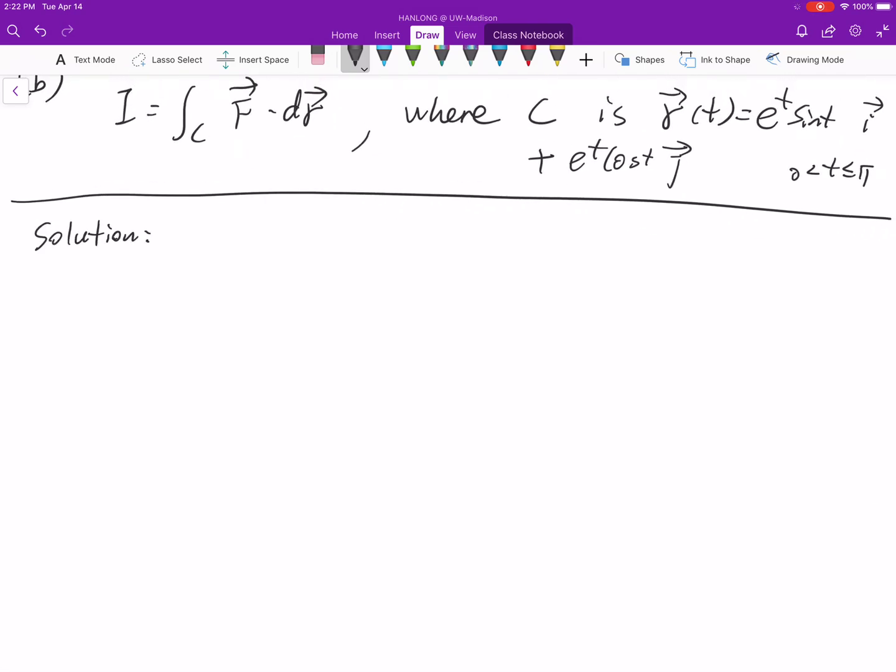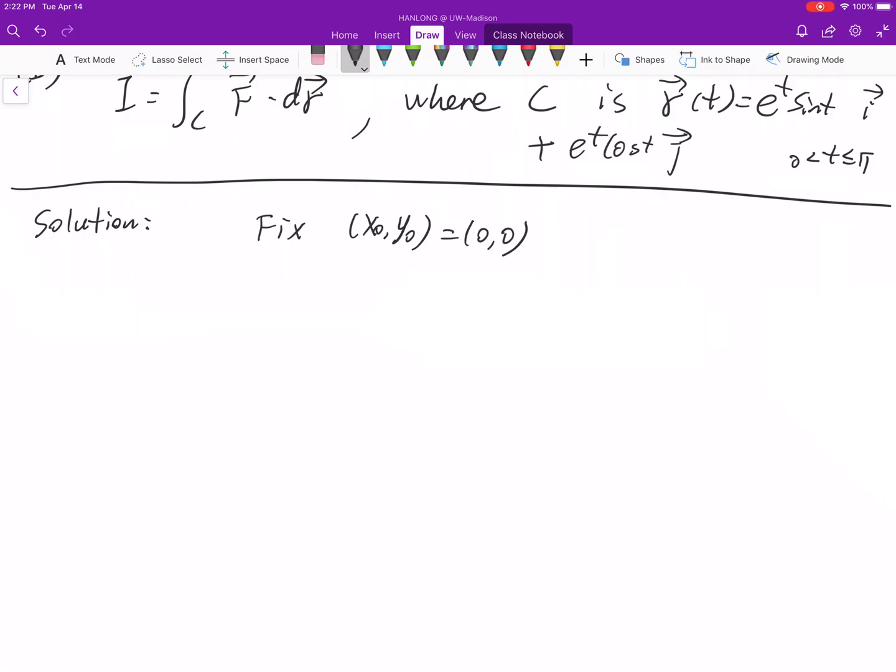Okay, so we first look at A. And for simplicity, we can also choose the starting point we like. So fix (x0, y0) to be the origin, and then (x,y) just any point in R2, and then let's construct this C(x,y) as a straight line connecting these two points.